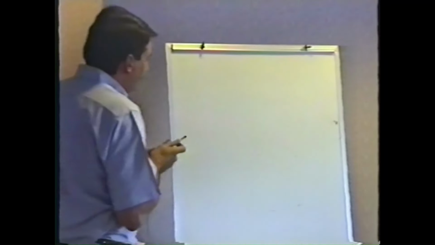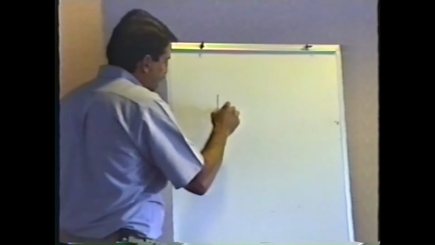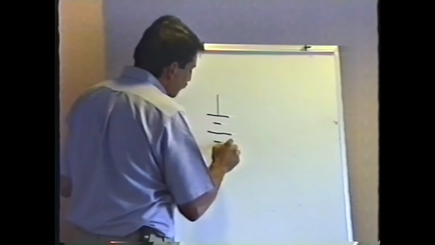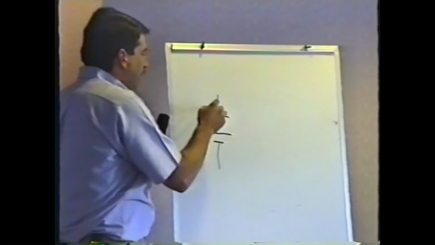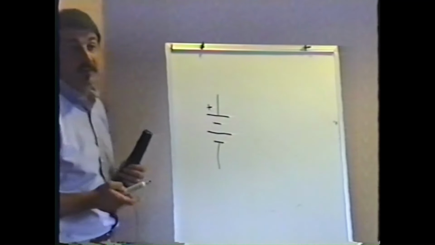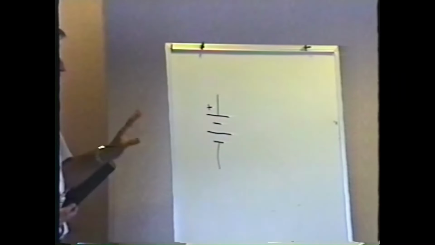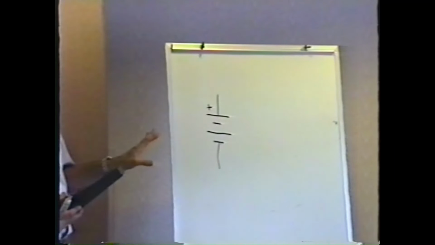The schematic symbols are supposed to kind of represent what the part is or what it does. The schematic symbol for a battery looks like this. Long line, a short line, a long line, a short line like this. And the long line is the positive side of the battery. Any multi-cell battery is drawn like this.